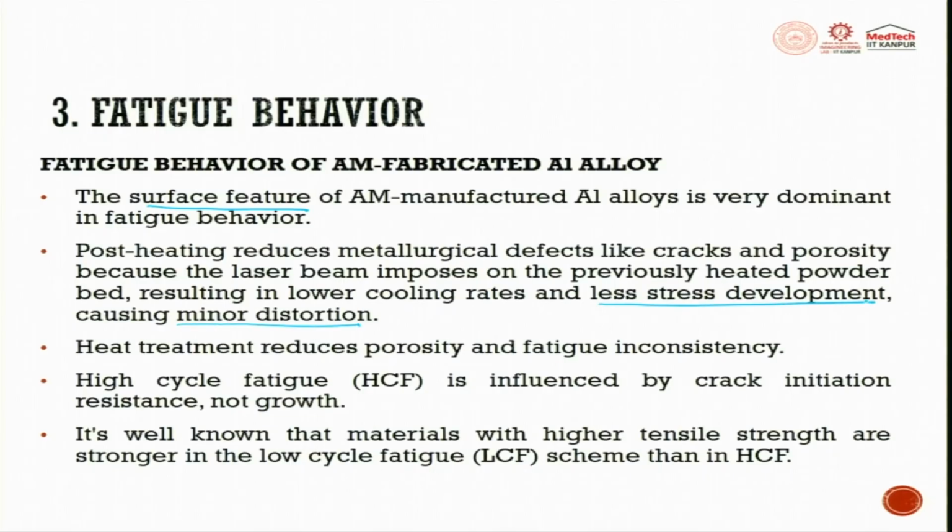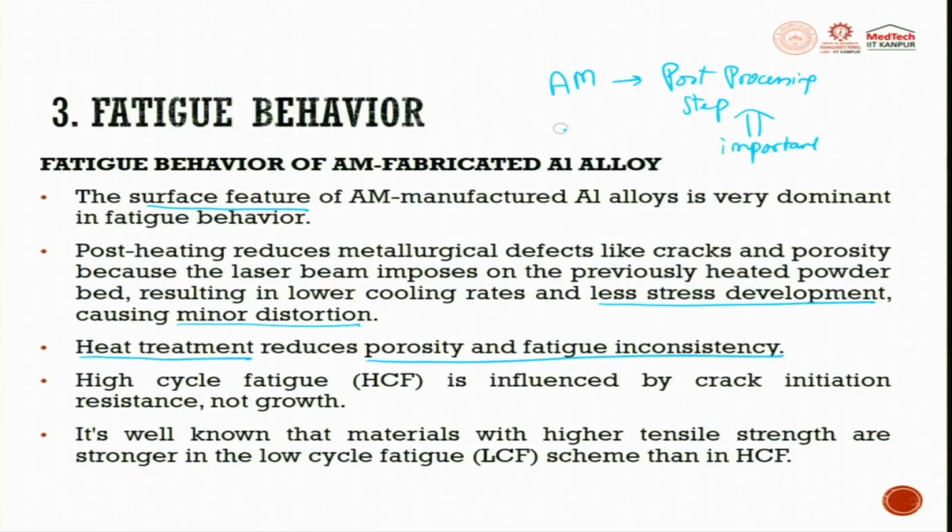Heat treatment reduces porosity and fatigue inconsistency. So, what is important is that in AM the post processing step plays a very important role, because it changes the grain structure and also the texture.